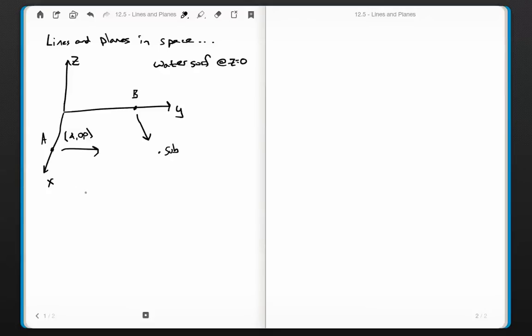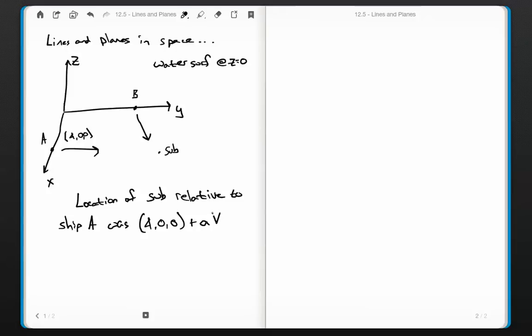So we said that the location of the sub relative to ship A was 4, 0, 0 plus some scale factor, which I believe we called A, times some vector.